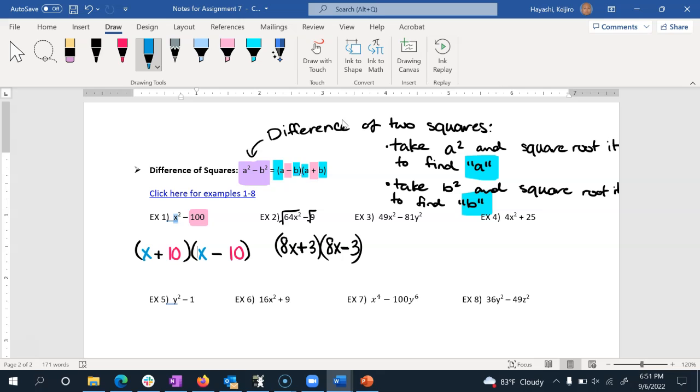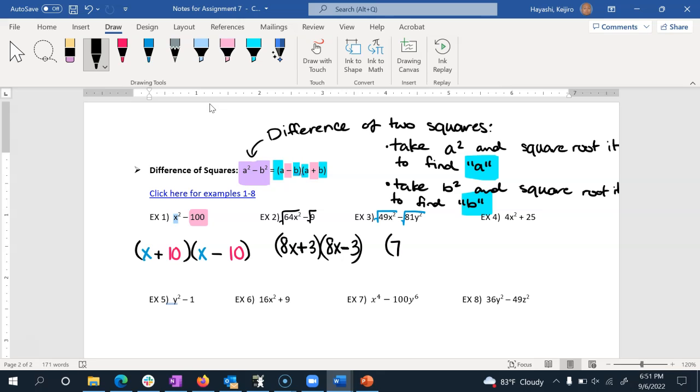Okay. Is example 3 a difference of two squares? Yes. Okay, right, 49 is a square, the x squared that's also part of that is a square, and so is 81 and y squared. So this whole thing is a square, and so is this whole thing. What is the square root of 49x squared? 7x.